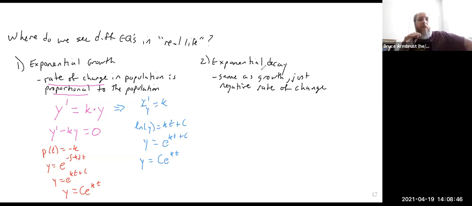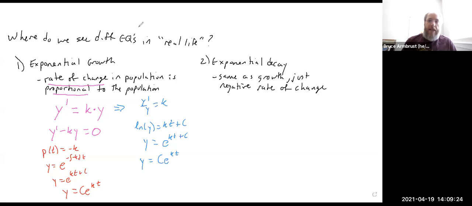The place where we tend to see this the most is with radioactive decay, looking at carbon-14 or something and how much is left. If you double how much carbon-14 you have, you're doubling how much of it decays, goes away. If you have 1/5 as much stuff, you lose 1/5 as much as if it hadn't been there. So its rate of change, which in this case is negative because it's dropping, is still proportional to the population, to how much is actually there.